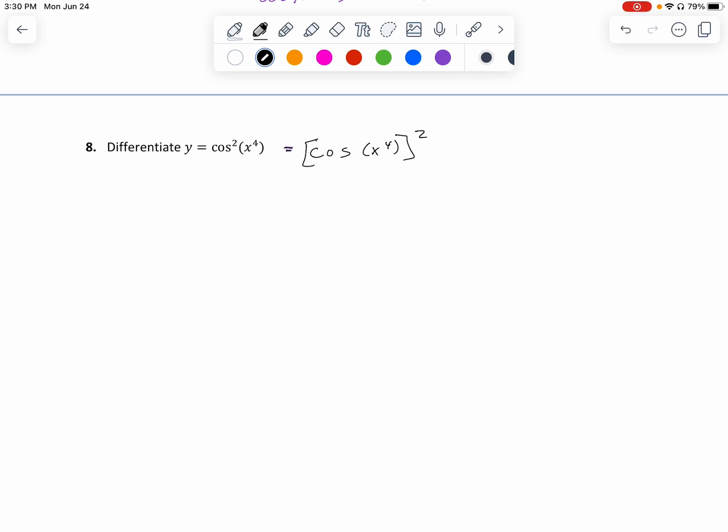That's what that square over the cosine means. It means I square that whole output of the cosine after it's already had the input. So my most outside function would be this, I'll do it in pink, this 2. This part would be the outside.